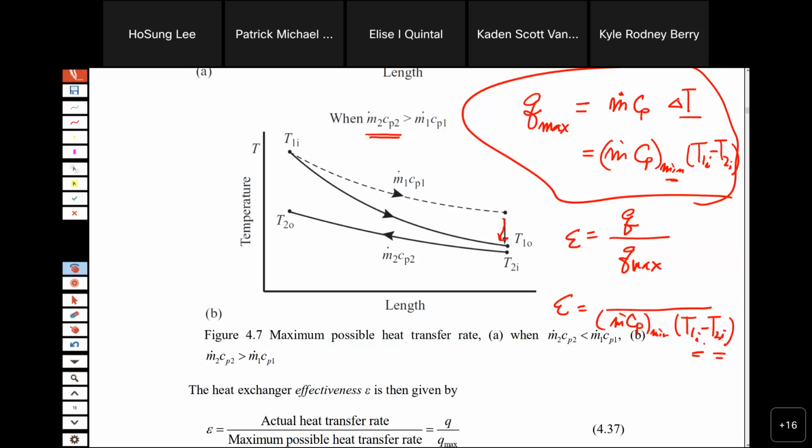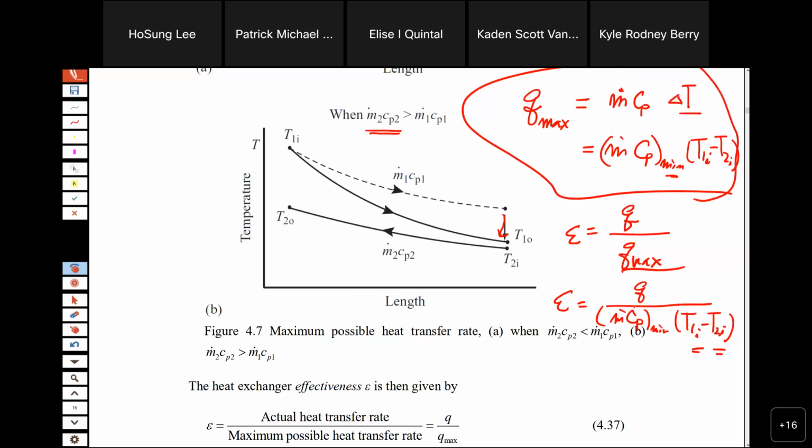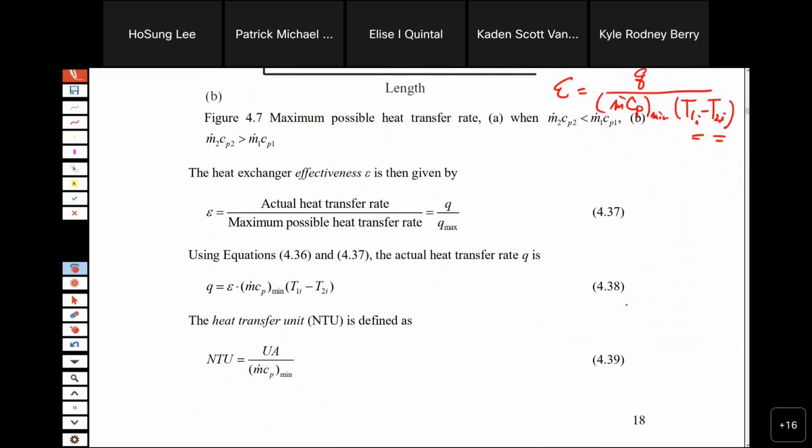You got it? Yes. So we know the max. And then Q actual has two, hot side and cold side. That's very interesting.